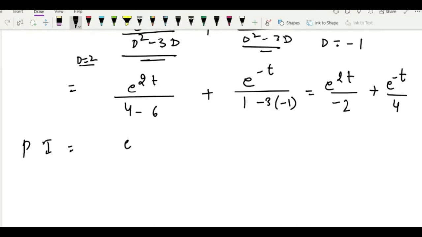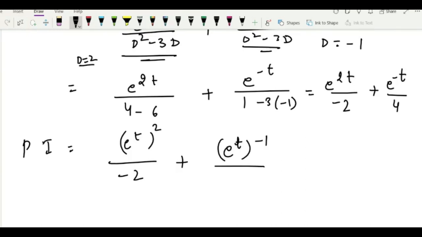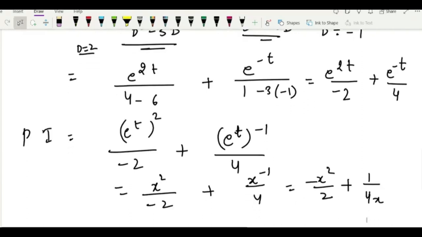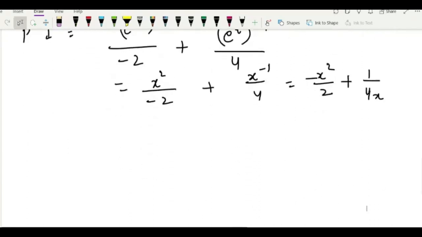So this becomes (e^t) whole square upon minus 2 plus this is also e^t power minus 1 upon 4. So x square upon minus 2 plus x inverse by 4, which is equal to minus x square by 2 plus 1 upon 4x. So this is our PI.